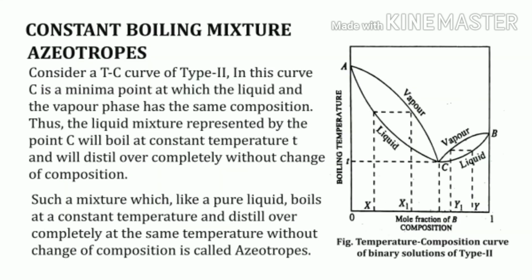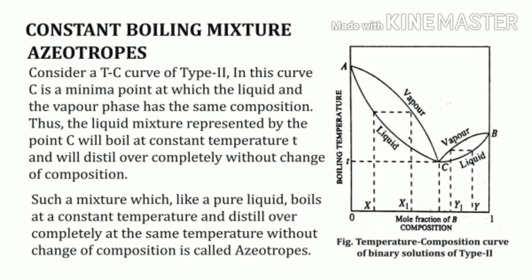Now the next topic is the constant boiling mixture or azeotropes. Let us consider a temperature composition curve of type 2. In this curve, C is a minima point at which the liquid and the vapor phase have the same composition. Thus, the liquid mixture represented by the point C will boil at constant temperature and will distill over completely without change of the composition.